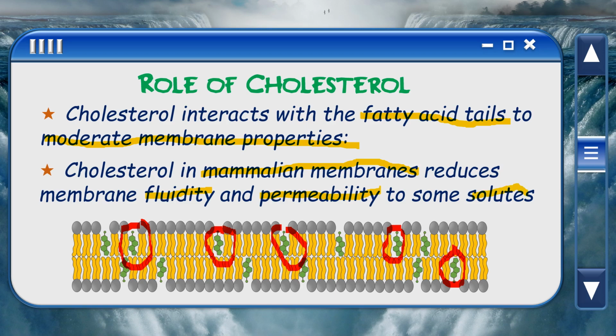So it is going to reduce the membrane being fluid, and it will also reduce the permeability of some solutes, meaning that it will control the passage of some solutes through the cell membrane. And it will also control the membrane being fluid in form.